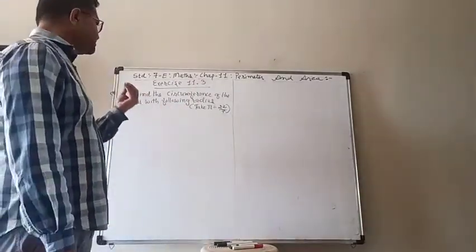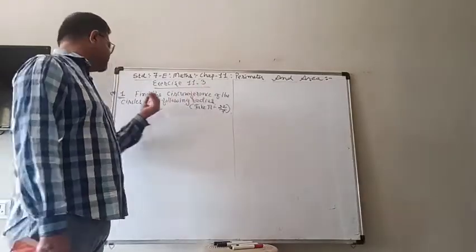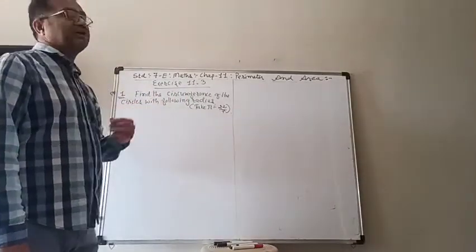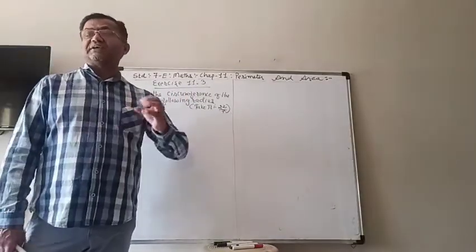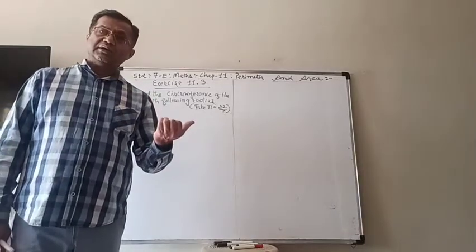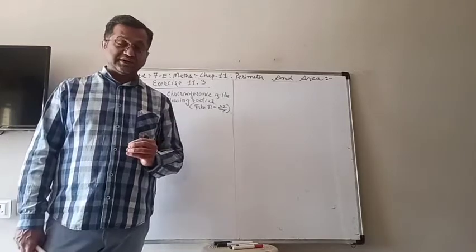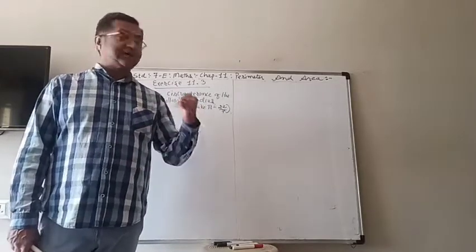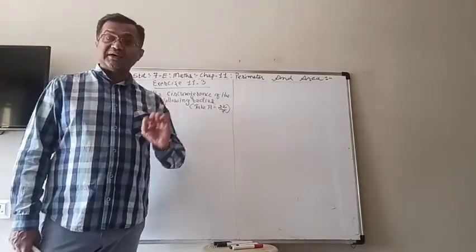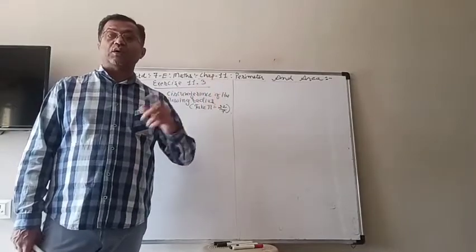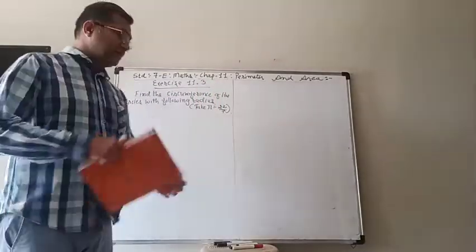Question 1 is: find the circumference of the circles with the following radius. Different radii are given, and from them we have to find the circumference of the given circle. Be careful, here the value of pi is given as 22/7. So let us start.